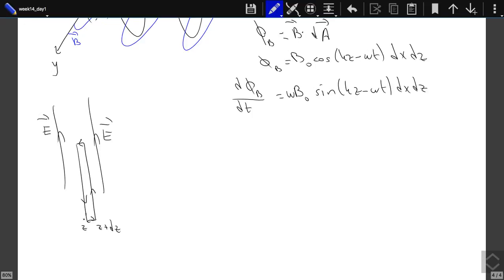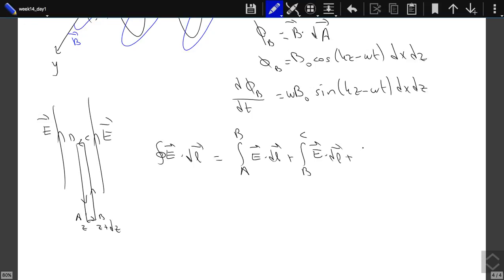Let me name the corners A, B, C, and D. We need the integral of E dot dl from A to B, plus E dot dl from B to C, plus E dot dl from C to D, and plus E dot dl from D to A.